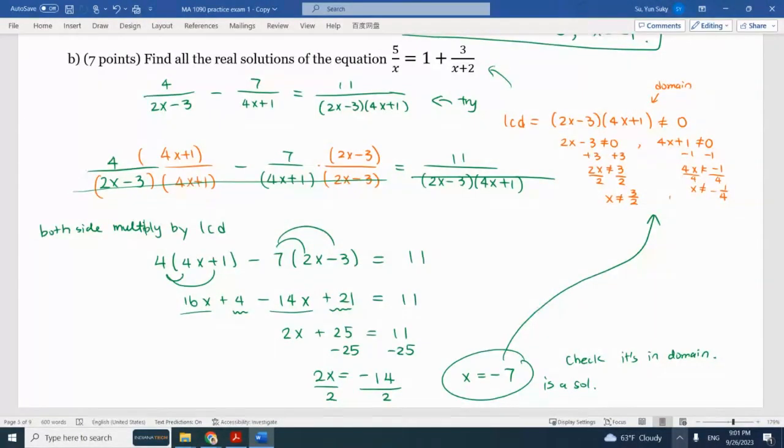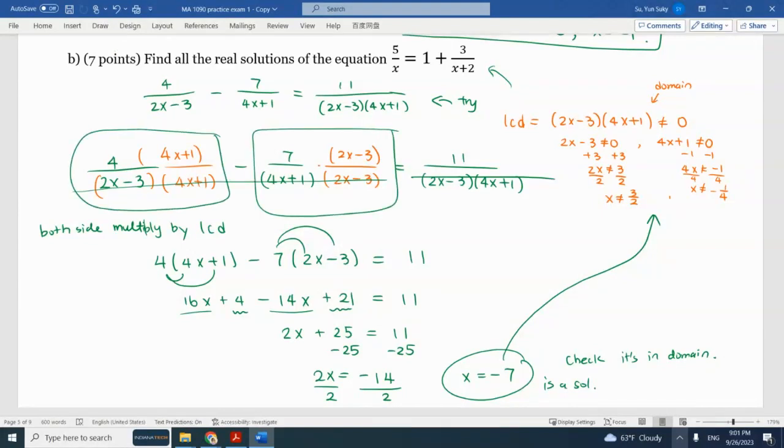So make sure you write down the least common denominator and you find the domain. Then for each fraction, you multiply by appropriate factors so you get the least common denominator. Make sure all the terms, which are separated by plus or minus, have the least common denominator. So this is one term, this is one term.